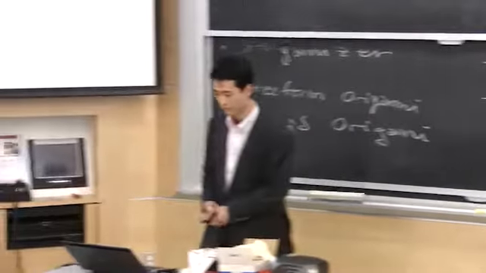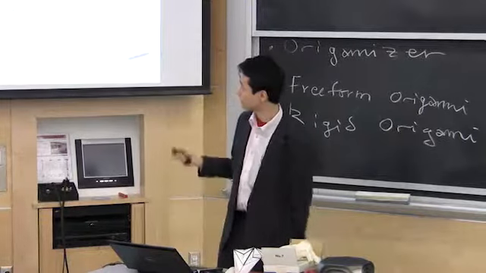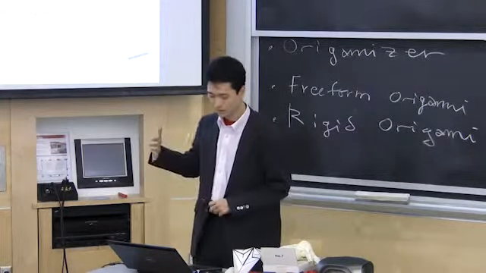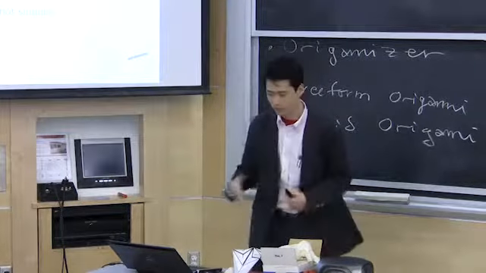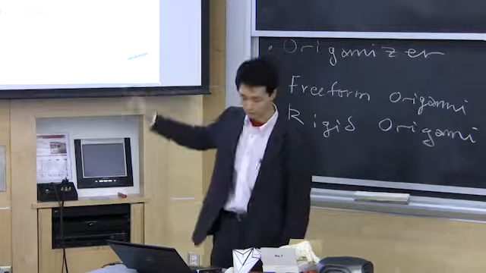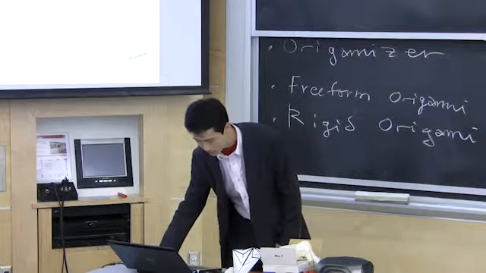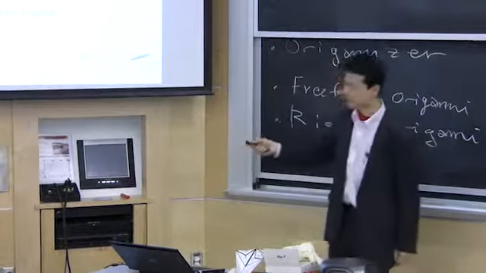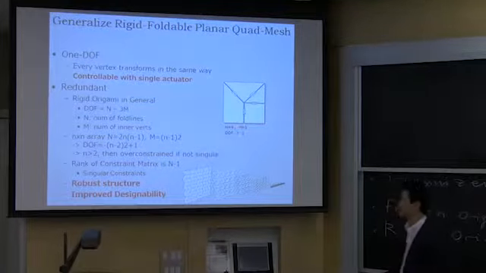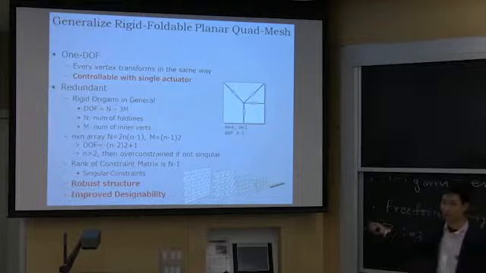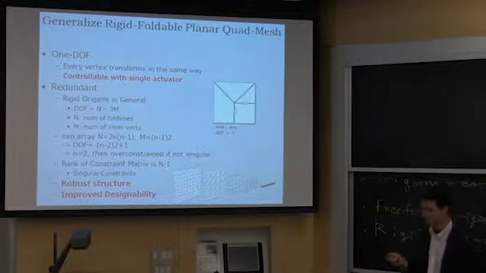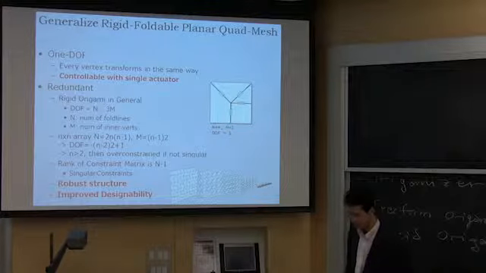in general, so that you cannot make an array of folding by a quadrilateral mesh. However, as you can see from this figure, there exist examples like Miura-ori that give 1 degree of freedom motion. This is actually a very interesting thing happening.